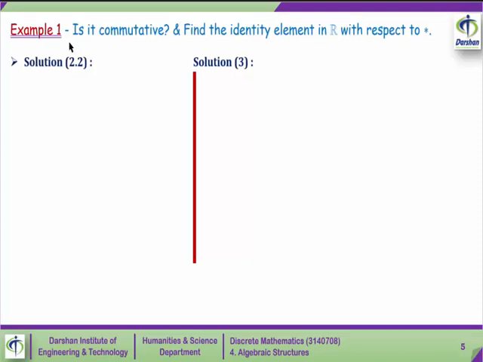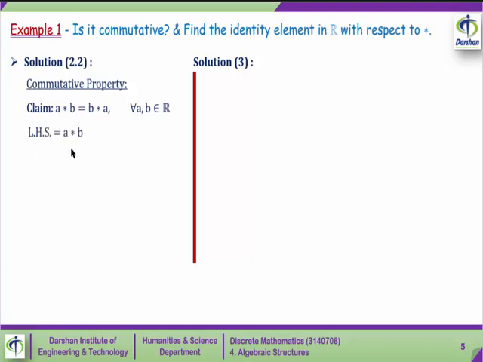Now we check whether R with star is commutative or not and find the identity element in R with respect to star. So first we check commutative. Our claim is A star B is B star A for all A, B belongs to R. If this property is satisfied, then R with star is commutative.